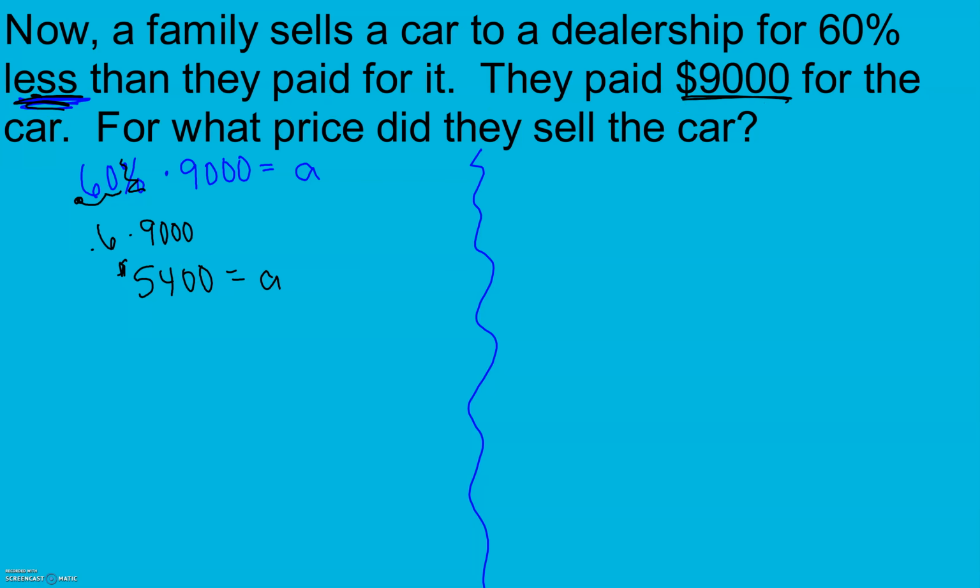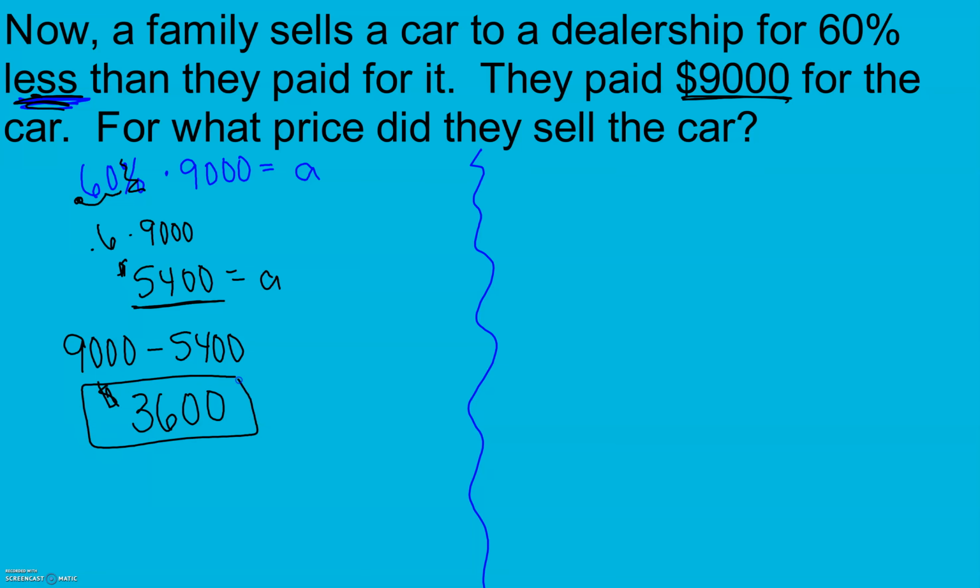So now we're going to take how much they paid for it and take our part less than that. So they're going to sell the car for $3,600. Okay, the part that they're not getting is this $5,400. Sorry. So we take that away from our original amount of $9,000 and get $3,600.